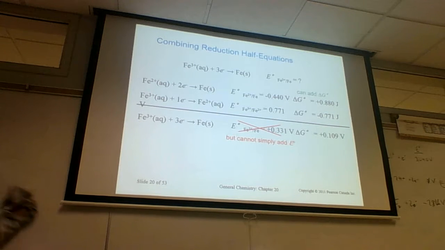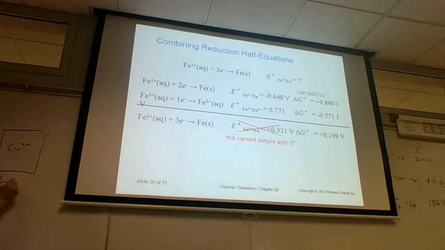Right. The reason is this. Let me show you why the cell voltages are intensive. If I have 1 gallon of 1 molar Cu2+, you know that's going to have some kind of reduction potential, right? In fact, I know the reduction potential: it's plus 0.34 volts. Now, I'm going to go with 2 gallons.